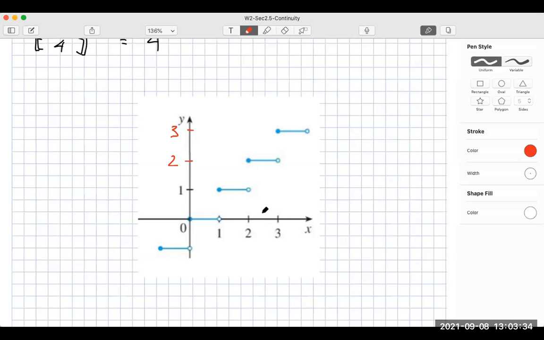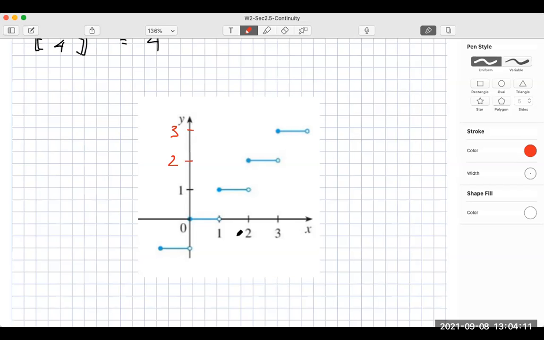And here, for example, x is 2.9, then this function returns the value 2. Therefore, the graph should be this line. At 2 it will be this point. But at 3, it jumped here. Okay? This is another example of jump discontinuity. Are we good? Good.